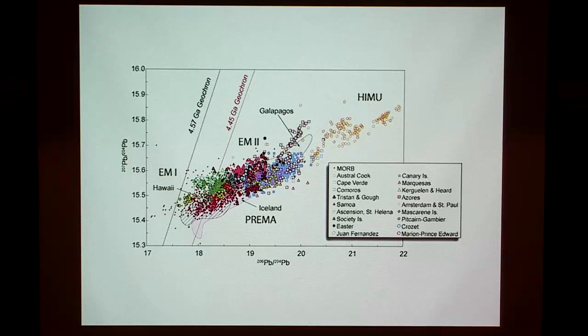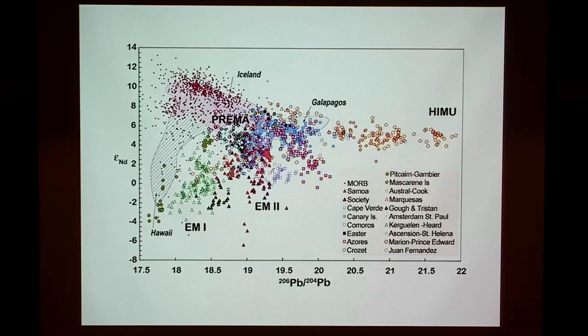And then if we go back and look at this diagram again, here's mid-ocean ridge basalt. I haven't labeled it here, but this would be our DMM up here somewhere. The EM1s extending down to rather unradiogenic lead and very unradiogenic neodymium.